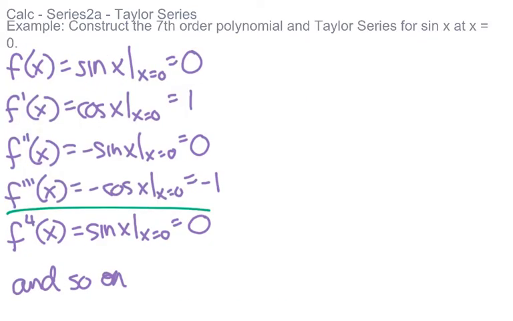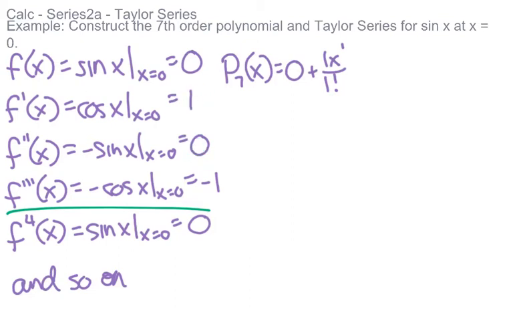So let's write out what that polynomial would be, and I'm going to call that p sub 7, which is the polynomial of 7th order. And so the first term is 0. The next term is 1x to the 1 over 1 factorial, which I could just write as x. Now the next one, so that's that coefficient right there.